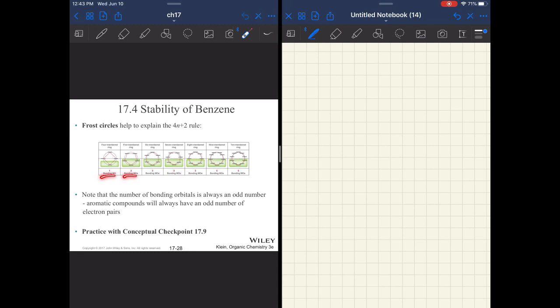You have an example of the Frost circles for everything from a 4-membered ring to a 10-membered ring. You note that the bonding orbitals, there's always an odd number. So if something is aromatic, right, all of those electrons are going to be in that green box. If it is anti-aromatic, often it'll sneak up out of that box.